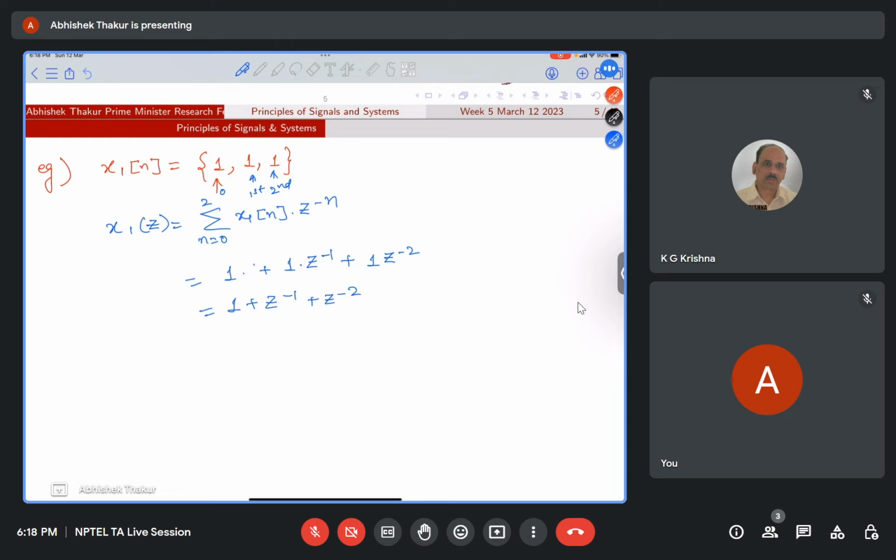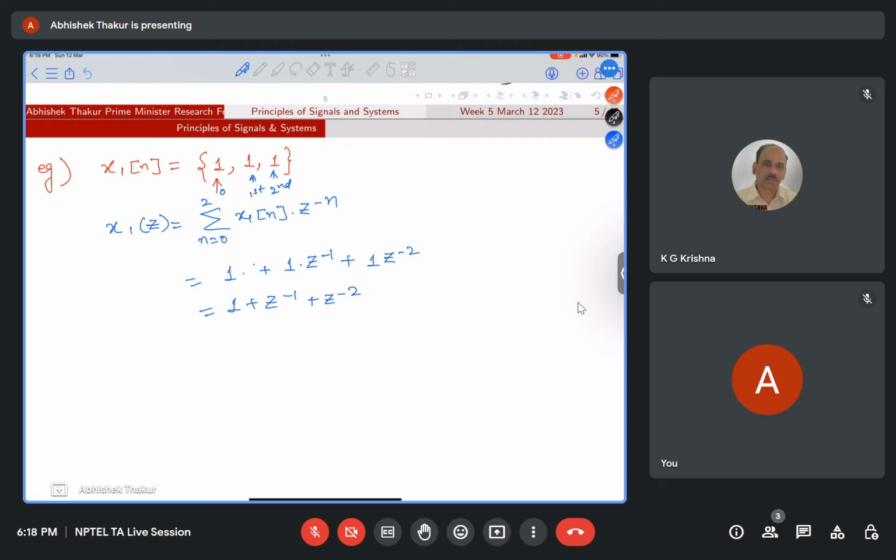Since x1[n] is a finite duration signal, the ROC will be the entire z plane, as also taught in the week 5 lecture. But X1(z) becomes unbounded as z tends to 0, so the ROC will not include z equal to 0. So the ROC will be the entire z plane excluding 0.